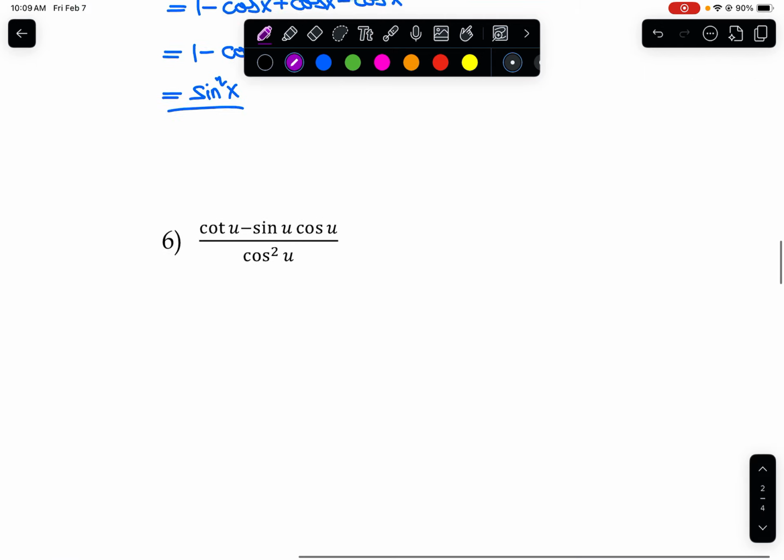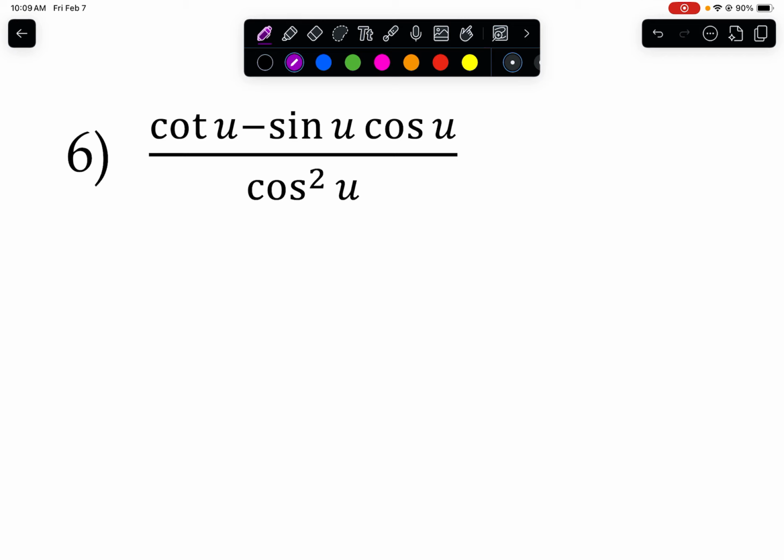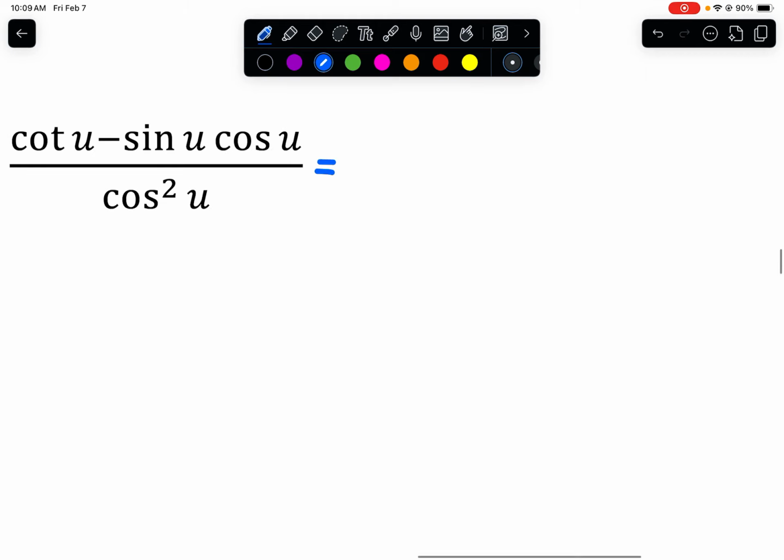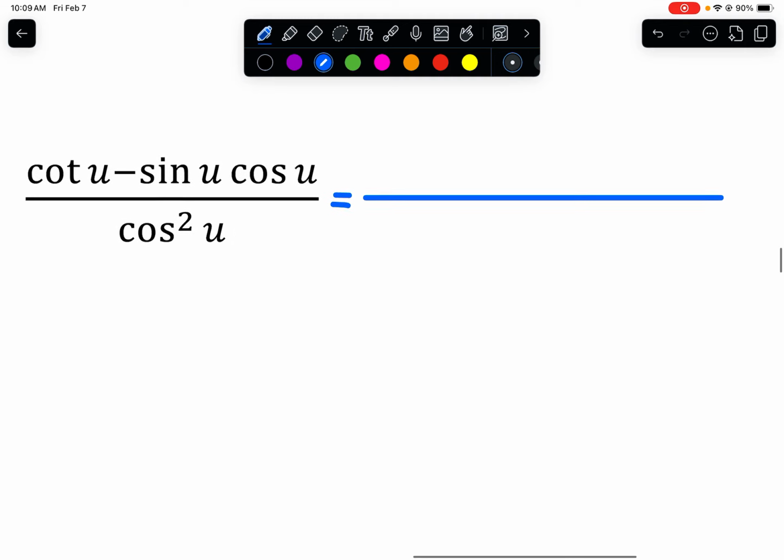Number 6. This one's a little gross, but it's doable. So we've got cotangent u minus sine u cosine u all over cosine squared u. So with this one, I still want to get everything in terms of sine and cosine. So that's what I'm going to do first. So I'm going to draw my obnoxiously long fraction bar.